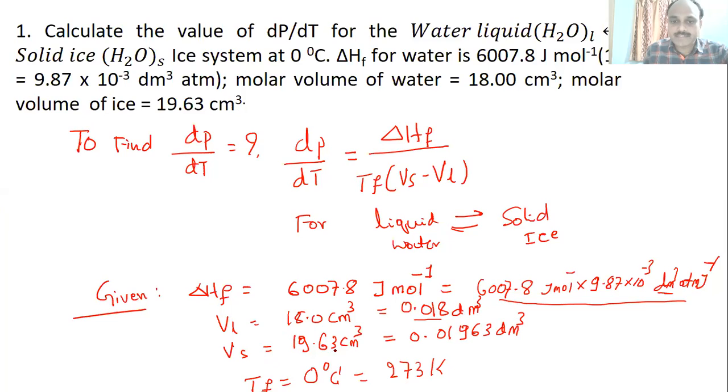Okay. Now this value you have to place in place of delta HF, and this 0.018 for VL and 0.01963 for VS, and TF, that is 273. Now you can substitute all these values.